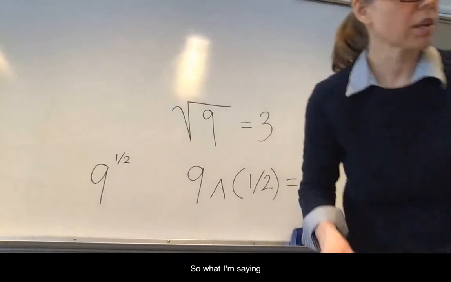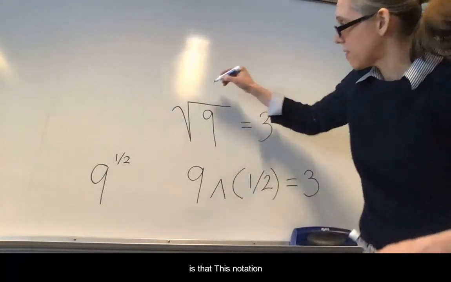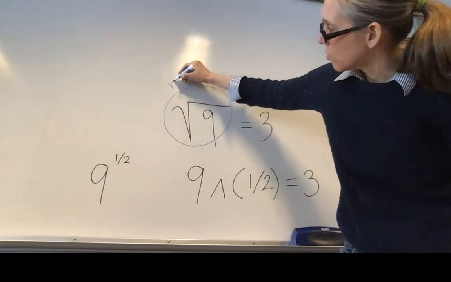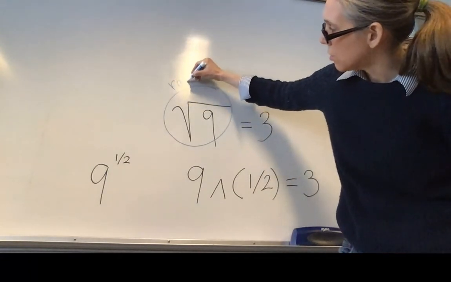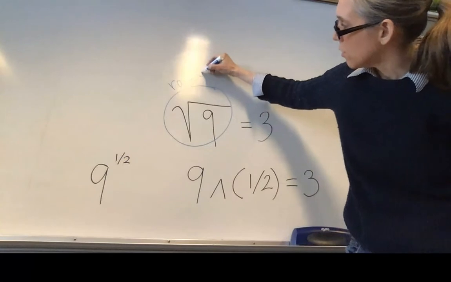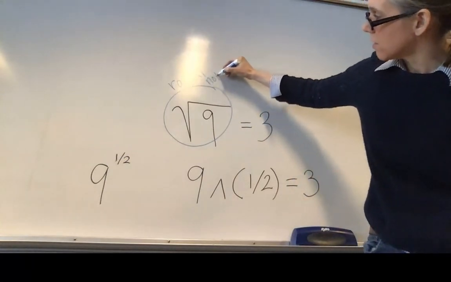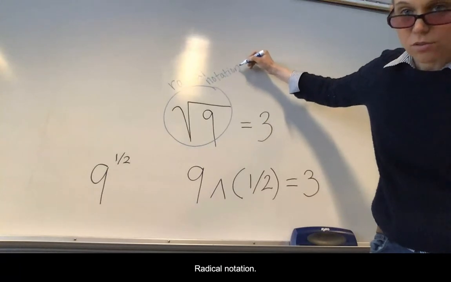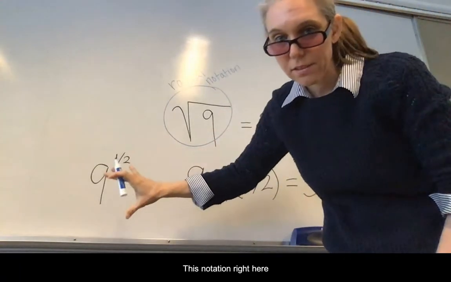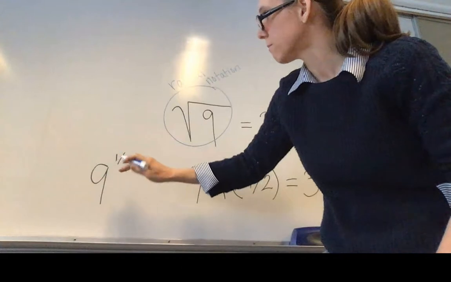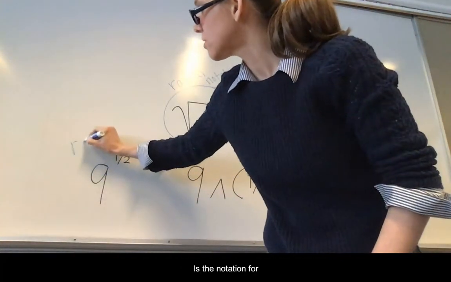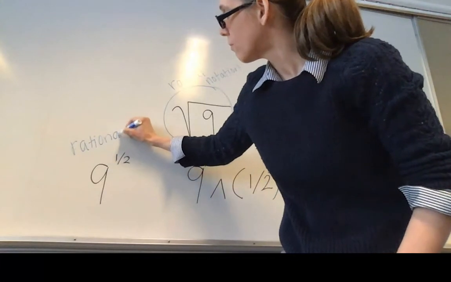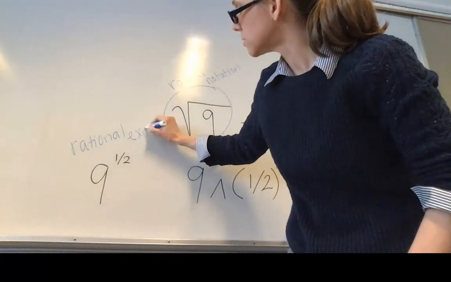So this notation is called radical notation. And this notation right here is the notation for rational exponents.